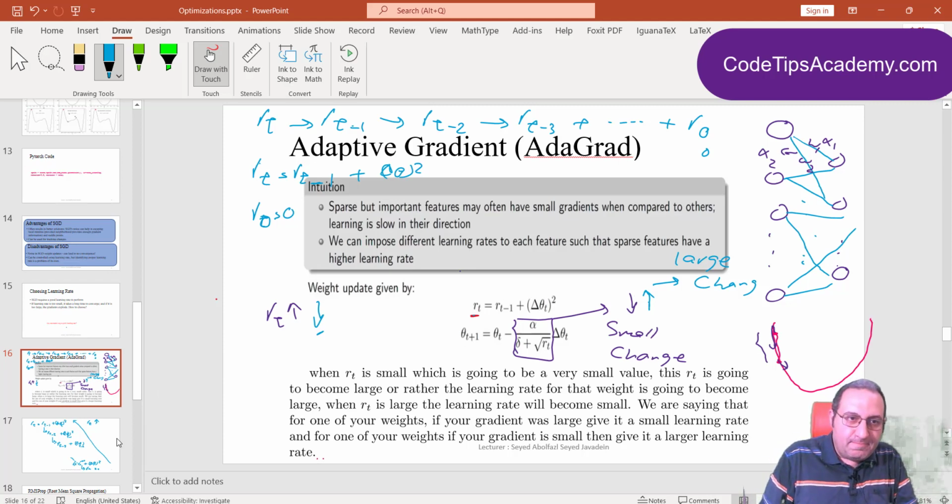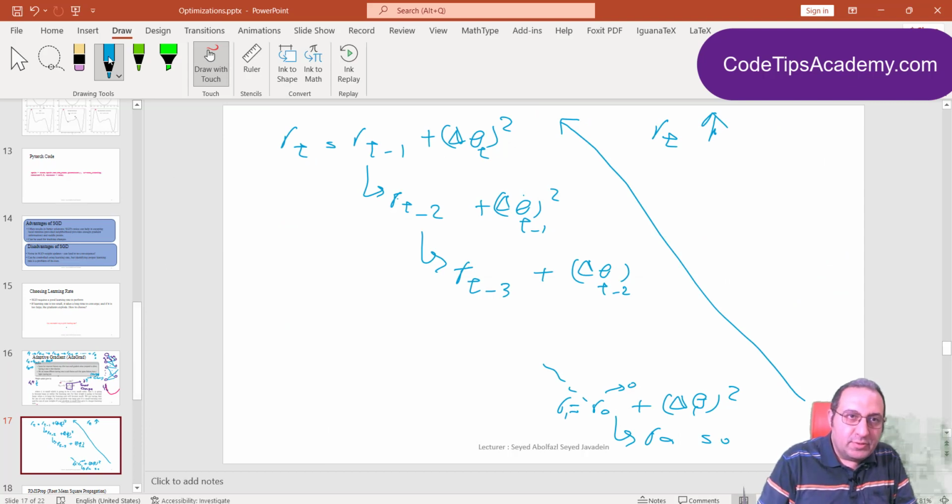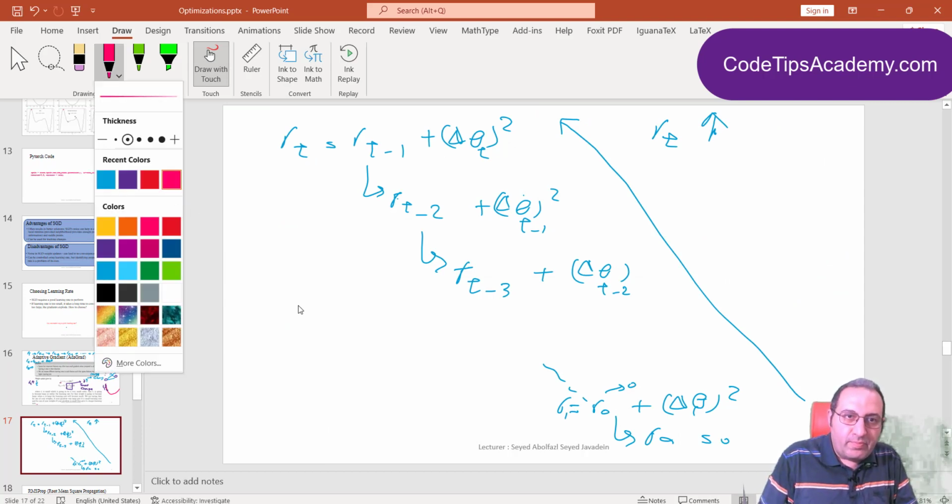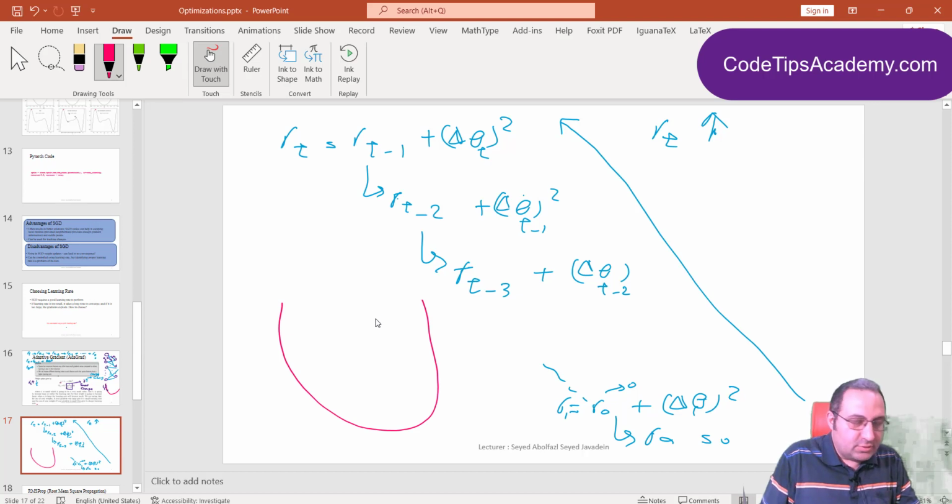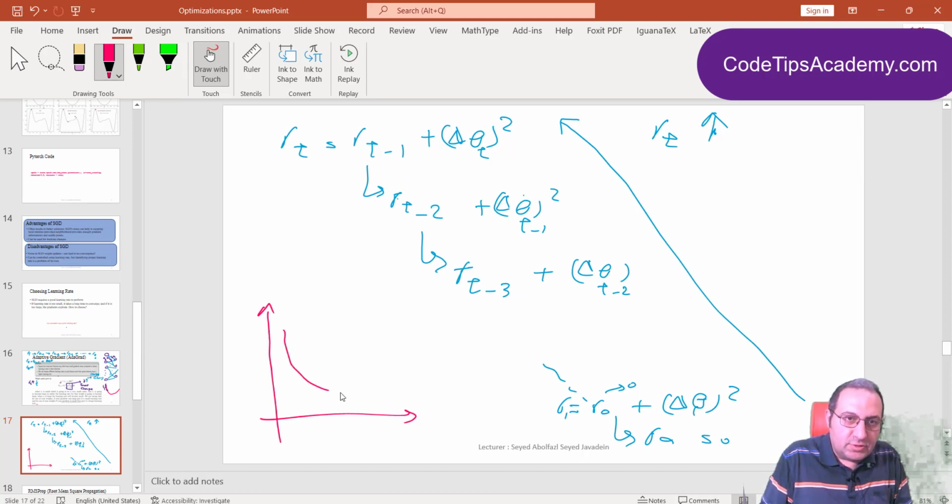For example, this is a loss function. In the first steps we go from here to here with big steps.